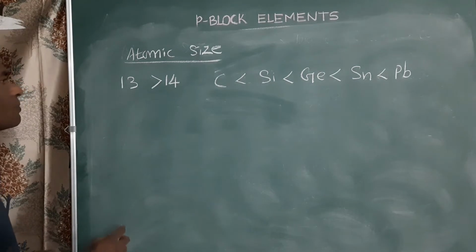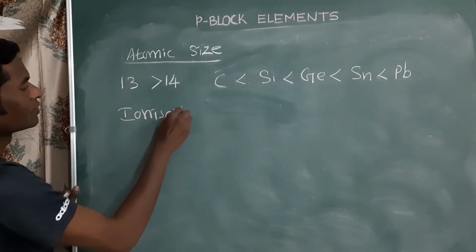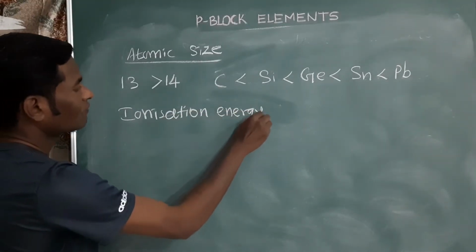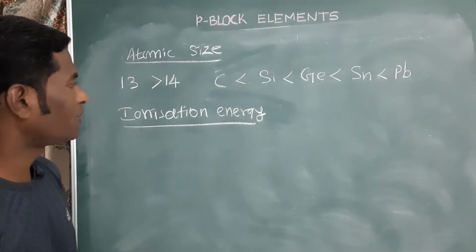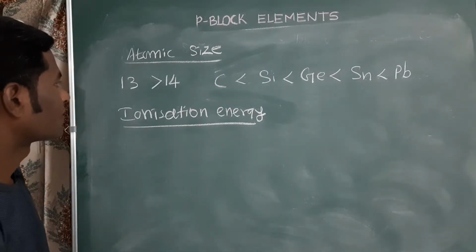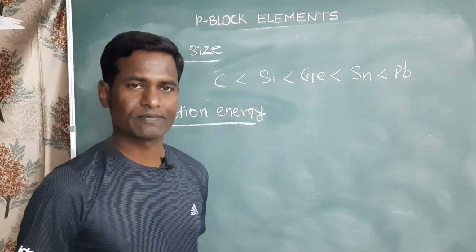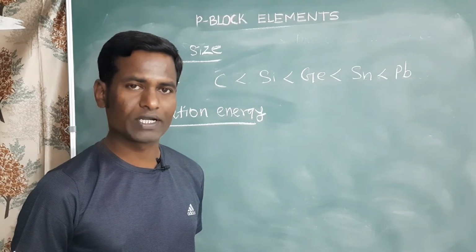Next periodic property is ionization energy. What is the definition of ionization energy? Amount of energy required to remove an electron from the outermost orbit of a gaseous atom. Moving down the group, size of atom increases. Size of atom is inversely proportional to ionization potential.